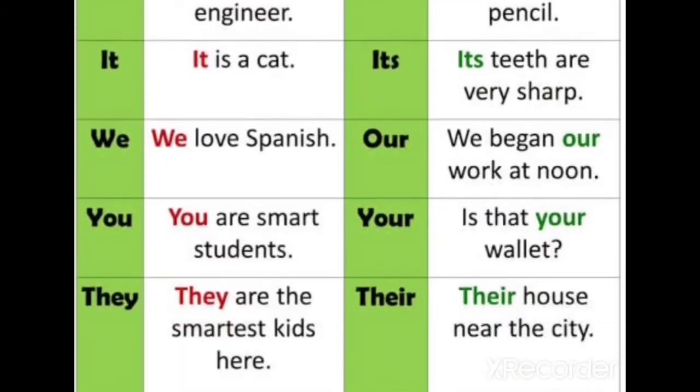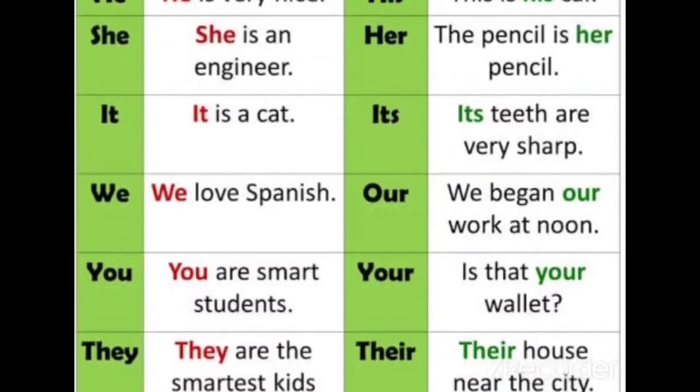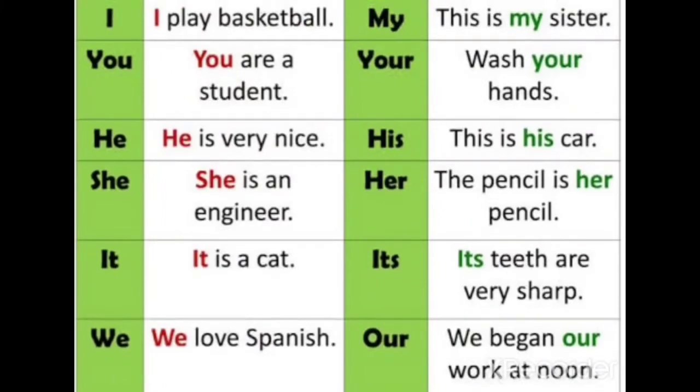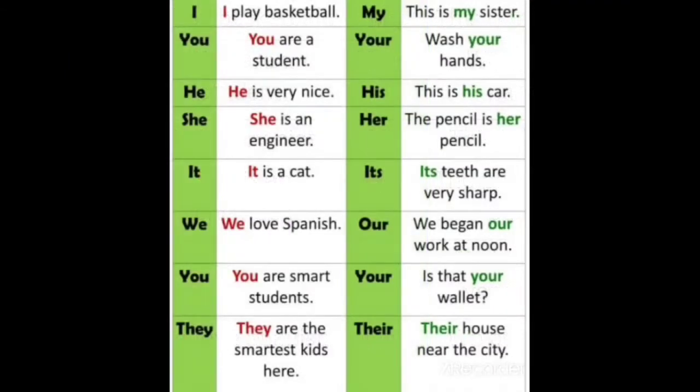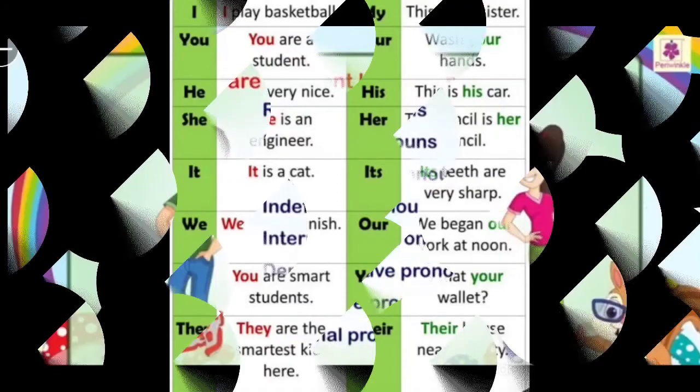Your, is that your wallet? Their house is near the city. So these are the pronouns that we can use instead of nouns. Children, are you clear about these pronouns now? Yes. Let's see about the relative pronoun now.